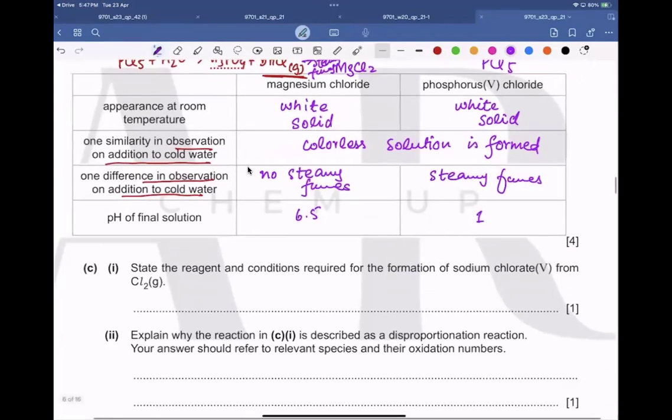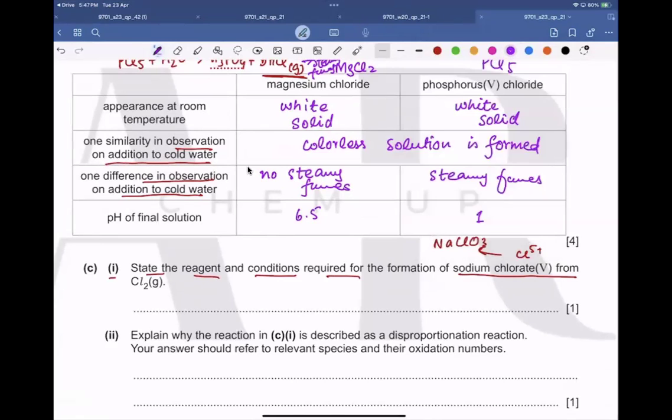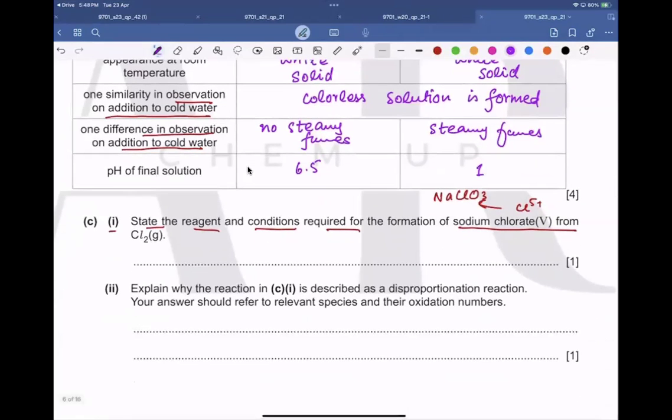Now, C1: state the reagent and conditions required for the formation of sodium chlorate(V). It means chlorine having a +5 oxidation state. And for that, the compound is NaClO3. So to prepare NaClO3, we need hot concentrated sodium hydroxide.